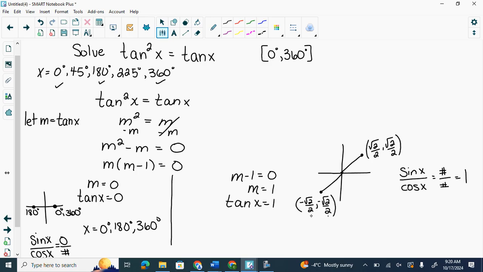What happens to the other 45s? You're at negative 1, because one's positive, one's negative, right? So this is 45 degrees, and this is 225.